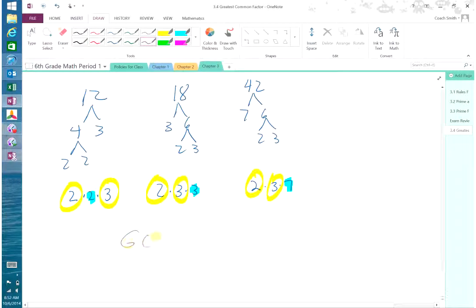So my GCF is equal to 2 times 3, which is 6. And that's your GCF of those three numbers. It has to be common. The prime factors have to be common with all three numbers.